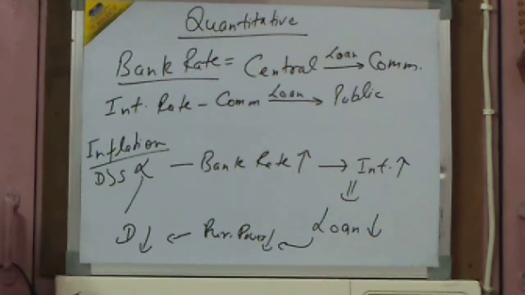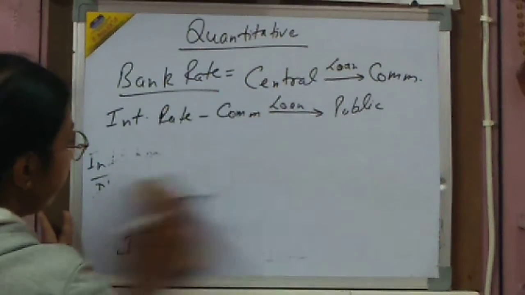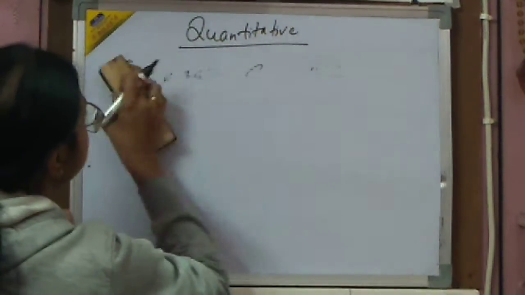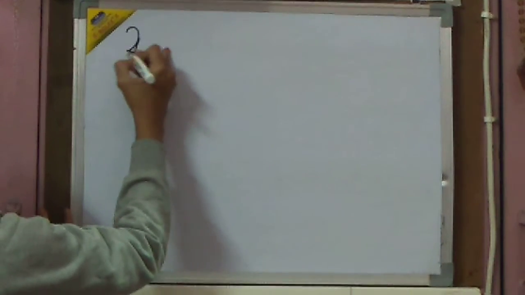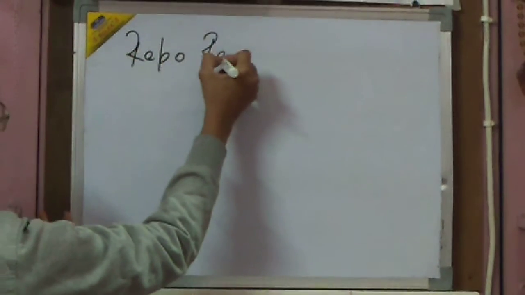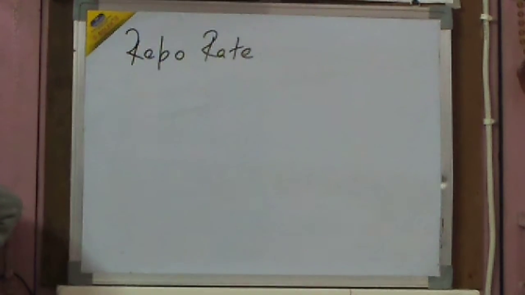Now the central bank changed this bank rate and has given it a new name, which is known as repo rate. You have listened to it in the news, about the repo rate, that the central bank is changing the repo rate.